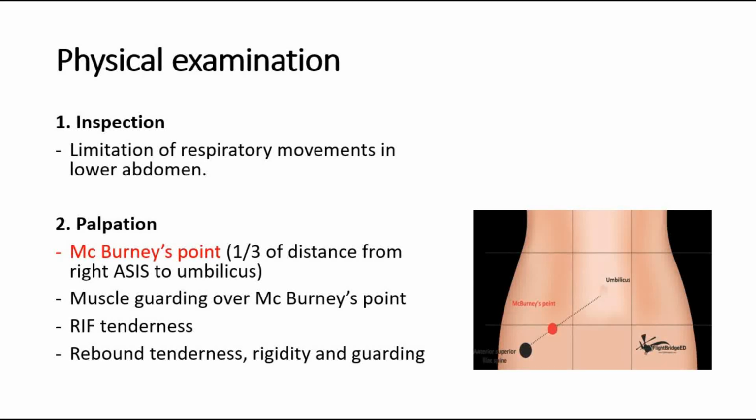This point is very important because in acute appendicitis, there will be muscle guarding over that point, and also tenderness at McBurney's point, especially. Other signs include rebound tenderness, rigidity, and guarding of the abdomen, which can be noted during palpation.